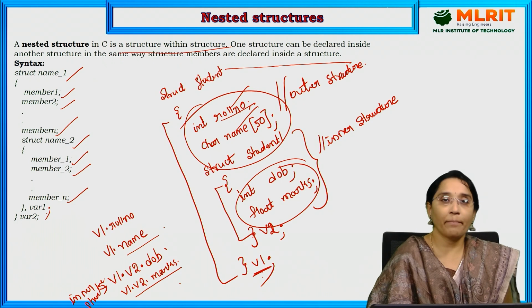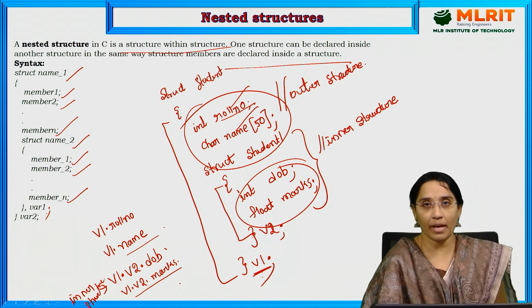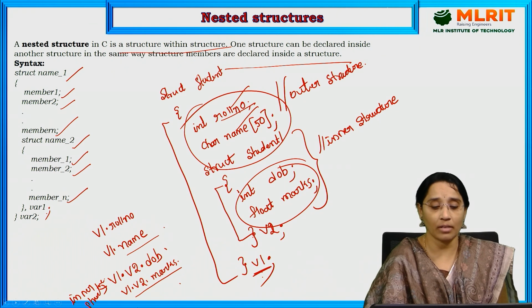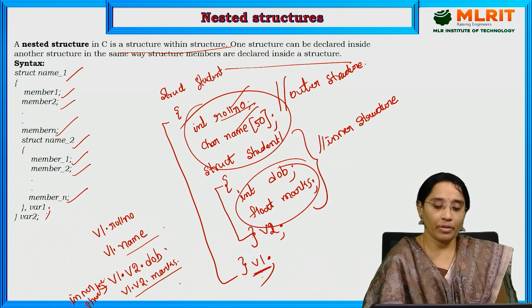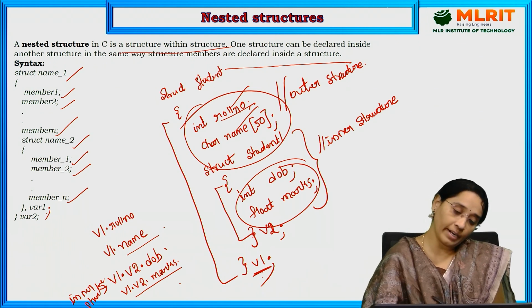Like this, the members of the inner structure will be accessed. The outer structure members will be accessed directly through its variable, v1 dot roll number, v1 dot name, but the members of the inner structure are accessed like v1 dot v2 dot date of birth.